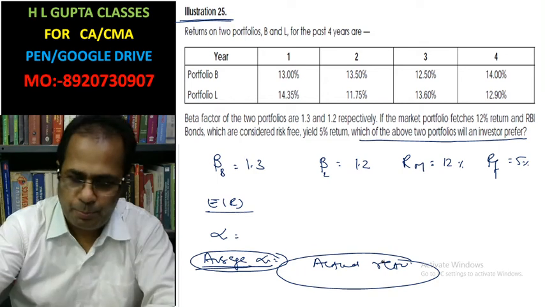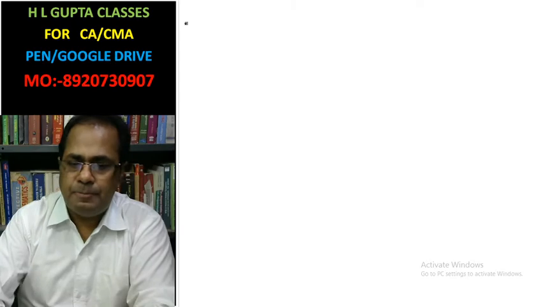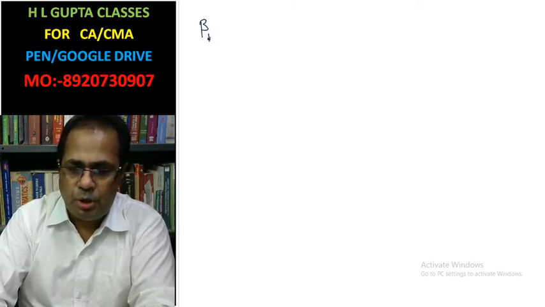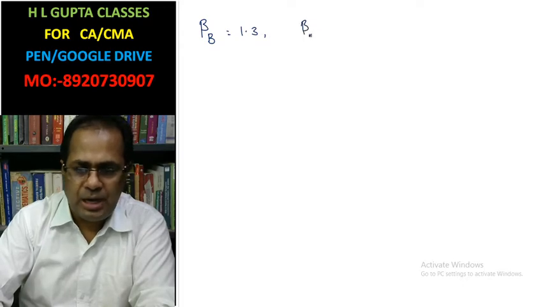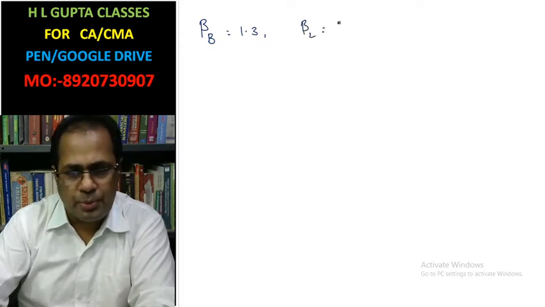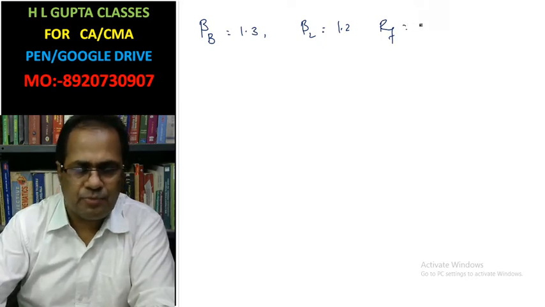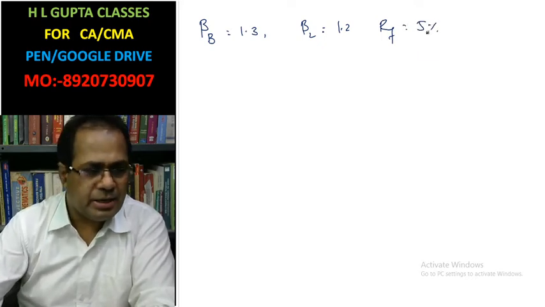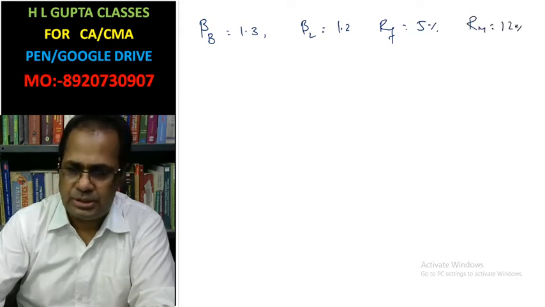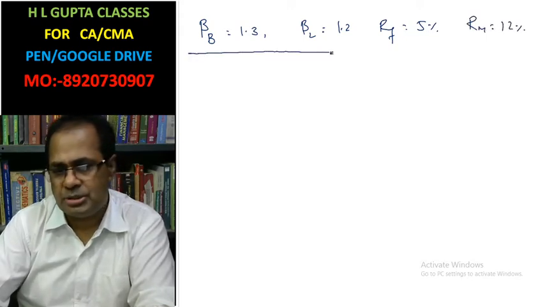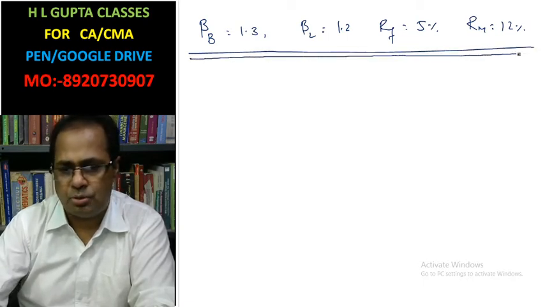Now please look at it. In the given question, beta of B is 1.3, beta of L is 1.2, the risk free rate of return is 5%, and the return on the market portfolio is given as 12%. This information is given in the question.